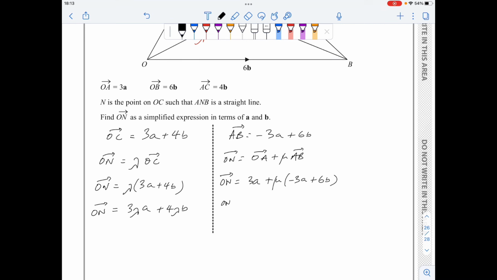If I expand the bracket, I'll get 3A minus 3 mu A plus 6 mu B. And if I collect the coefficients of A, basically if I factorize out A, I'll get A times (3 minus 3 mu) plus 6 mu B.